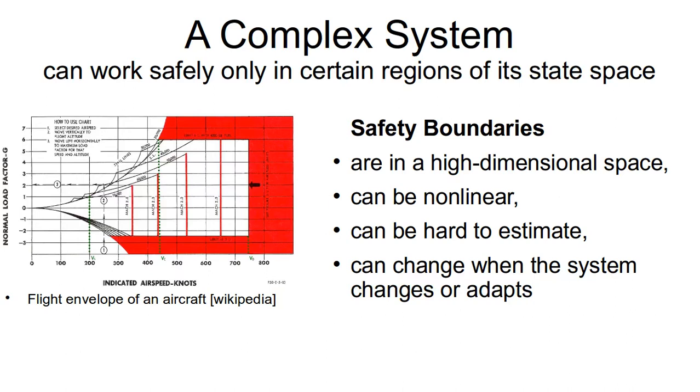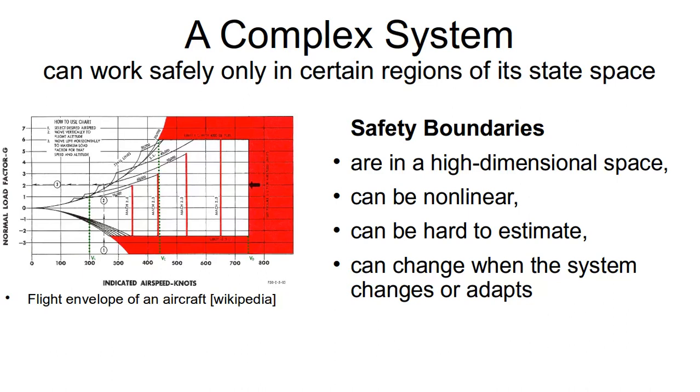Here you see already a couple of nonlinear boundaries, and usually with traditional methods they can be very hard to estimate. And also, if the system is changing or adapting, like an aircraft whose wing shape is changing, as some fighter aircraft can do, then the safety boundaries change. So this is a physical system or a cyber-physical system.